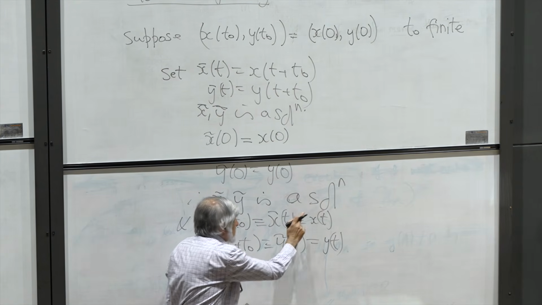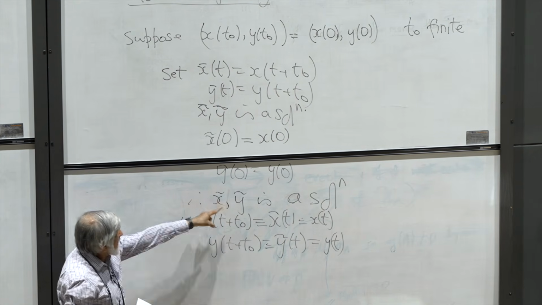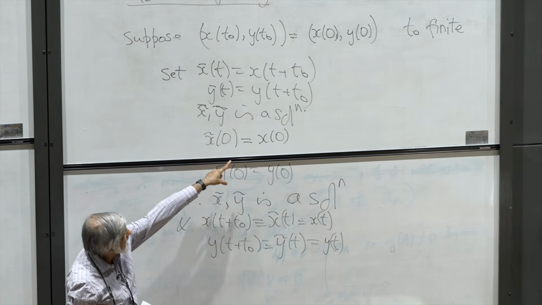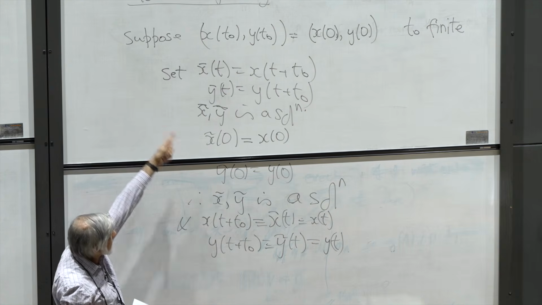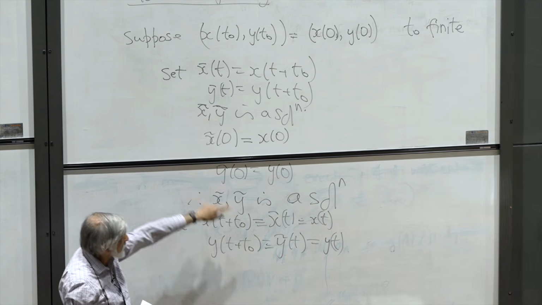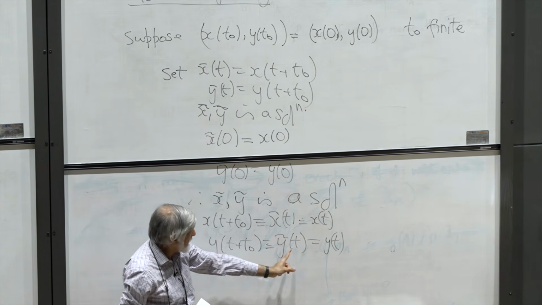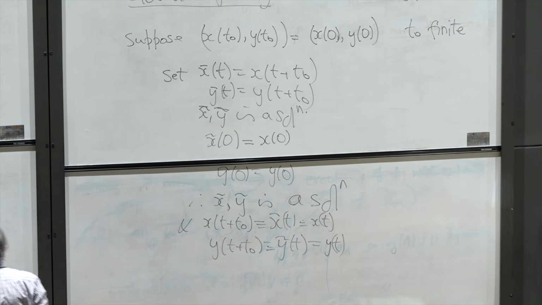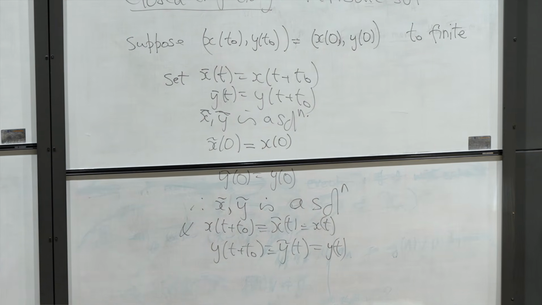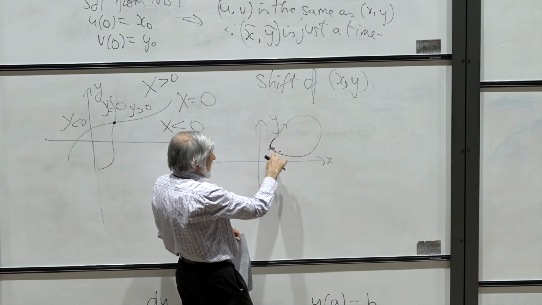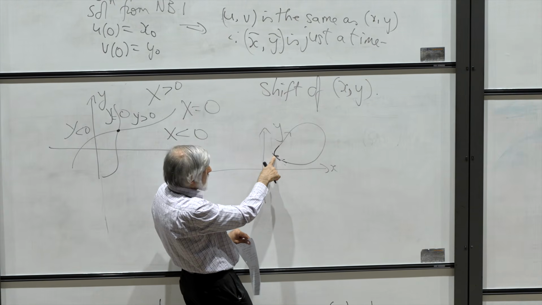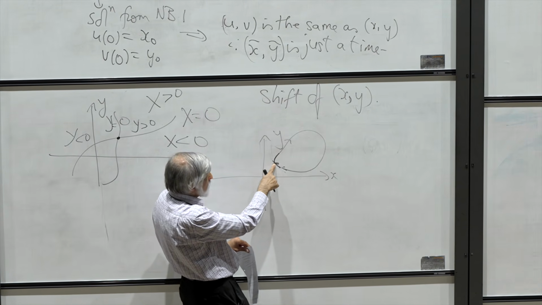But x hat and y hat satisfy the same initial condition as x and y, and they satisfy the same ODE. So this must be equivalent to that. That must be equivalent to that. So that means that if I go around and come back to here, then what must I do next?